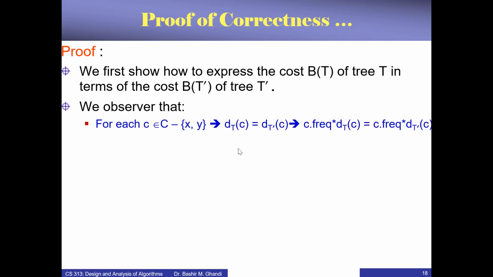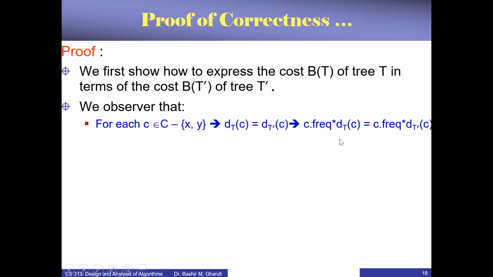We observe that for each character in C minus {X, Y}, so the original alphabet, but we only subtract X and Y, we will see that the depth of each of those characters is the same in T as it was in T prime. There is no change. The only difference is with X and Y. So all other characters other than X and Y will have the same depth in both trees. This is what we are saying.